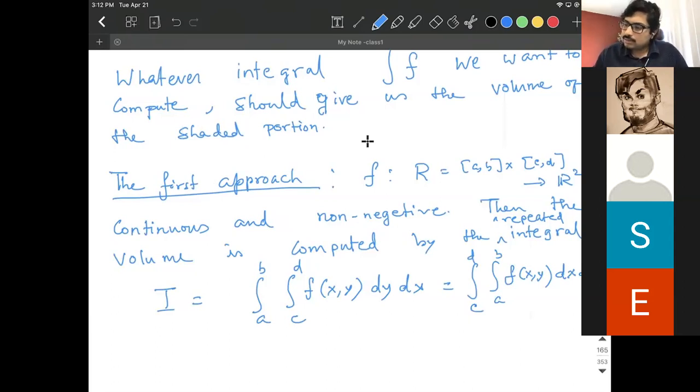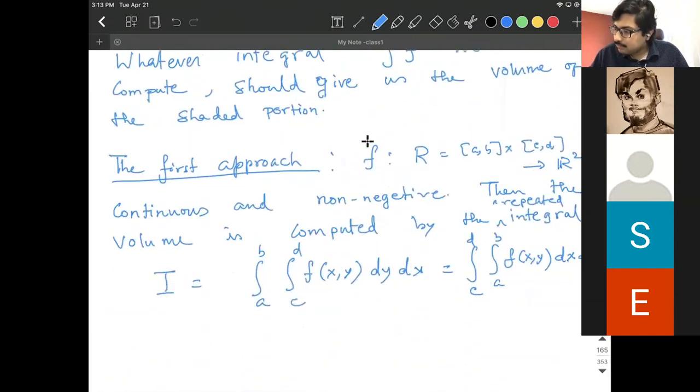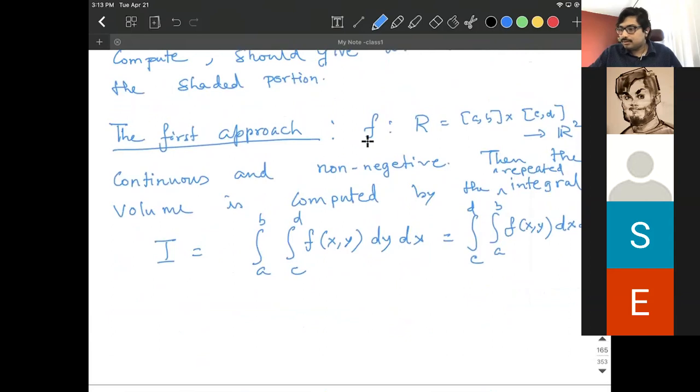And the fact is that these two integrals give you the same number if f is non-negative and continuous. And this number gives you the volume under this surface.